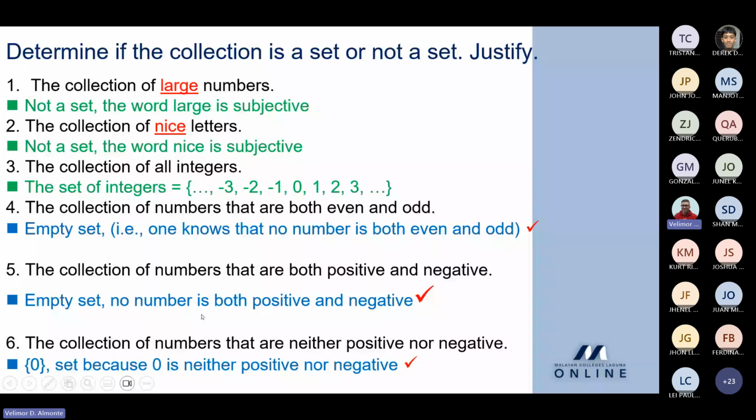Number 6, a collection of numbers that are neither positive nor negative. Now, I know one number that is neither positive nor negative, and that is 0. 0 is unsigned, okay?